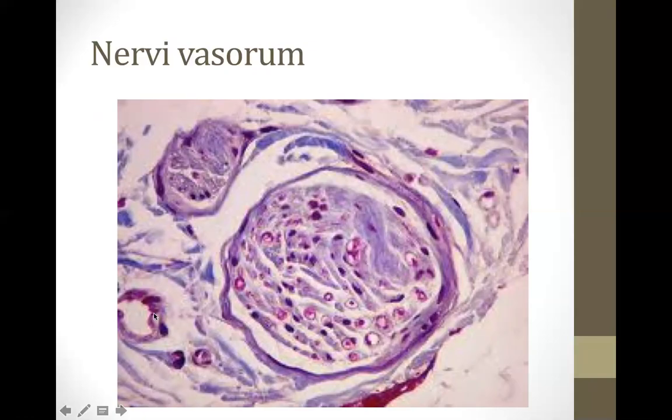Ay, actually, meron dito. This one is a Vasa vasorum dahil may lumen. And this is a Nervi vasorum, which is a nerve supply of a blood vessel. Okay? Madaling tandaan. Nerve is the nerve supply. Vasorum is a blood vessel. So, they're both found at the tunica adventitia.